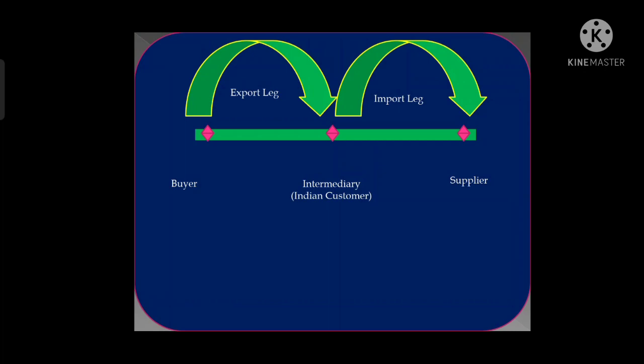So in a simple scenario, when the intermediary is importing goods, it is called the import leg, and when it is exporting goods, it is called the export leg for the intermediary, right? This diagram is from the intermediary's point of view, meaning both legs are defined from the intermediary's point of view, right?